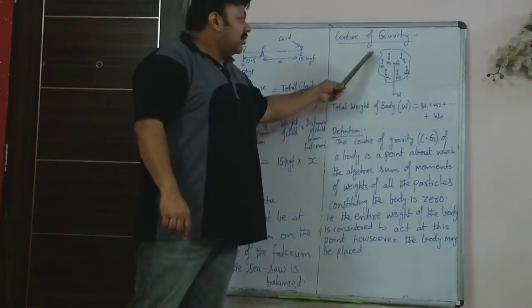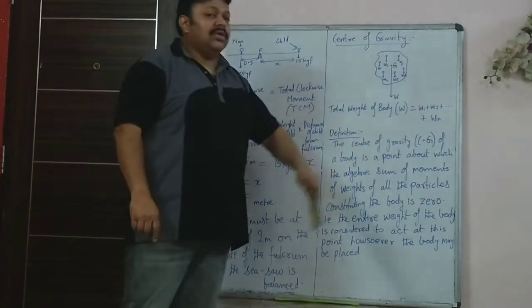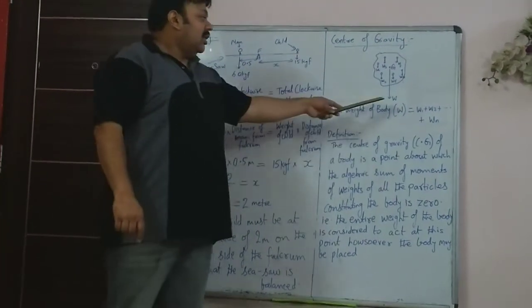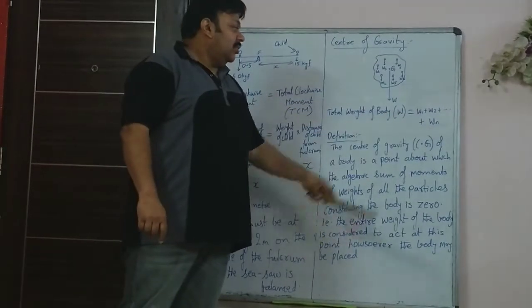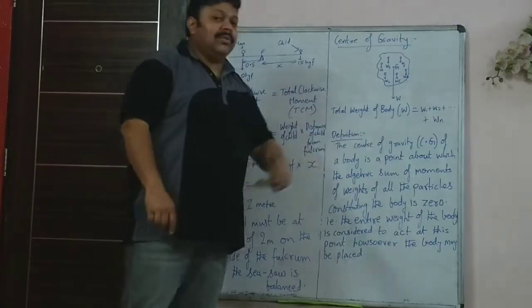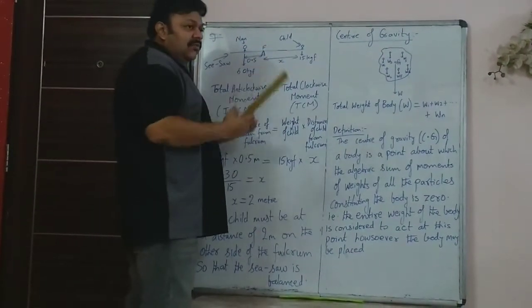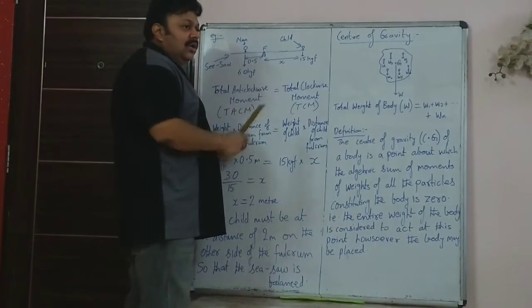The total weight of the body will be the sum of the weight of all the molecules constituting the body. So the total weight W, capital W, is W1, W2, W3, all those up to Wn. So this is just to understand that a body consists of many molecules and each molecule has weight.